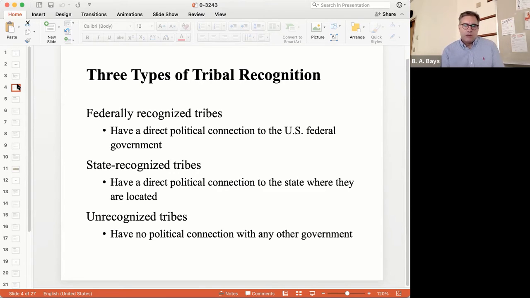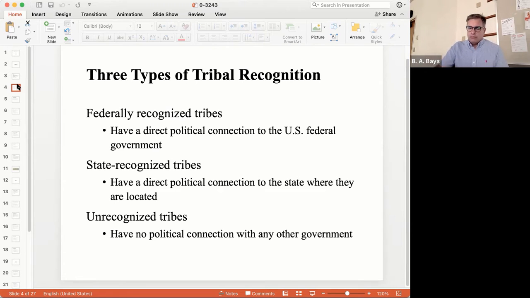But there might be other reasons, maybe in terms of state and tribal compacts, businesses that might benefit from having a tribal organization operating. But anyway, most of those state recognized tribes and most unrecognized tribes are seeking federal recognition.